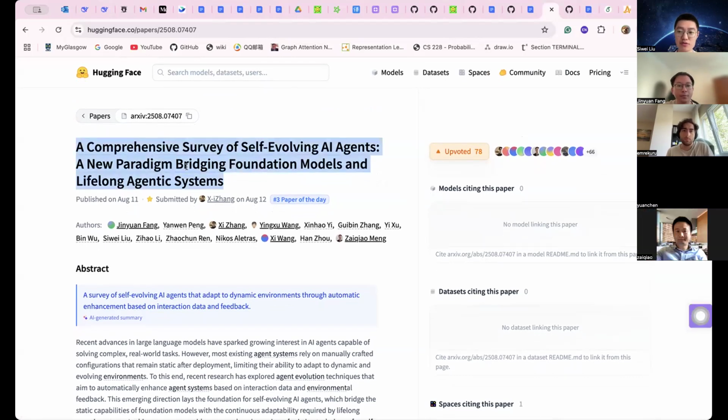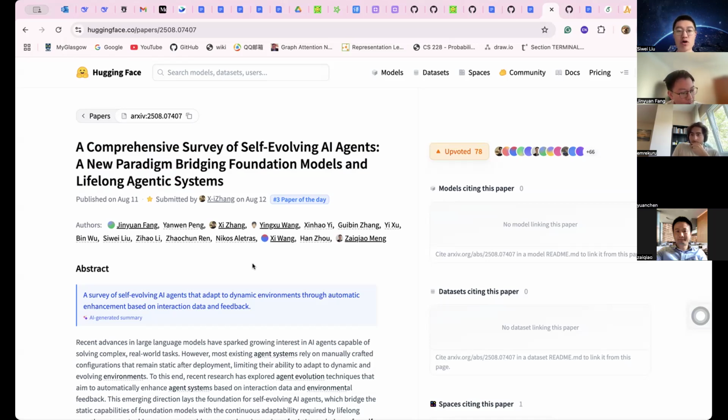Yes. Okay. So this is a survey paper, where Jingyuan is the first author, and many co-developers of EvoAgentX are authors of this survey paper. In this survey, we investigate how self-evolution algorithms bridge the foundation model and the lifelong agentic system. We definitely encourage you to check out our paper, and if you have other thoughts, you are welcome to send your comments.